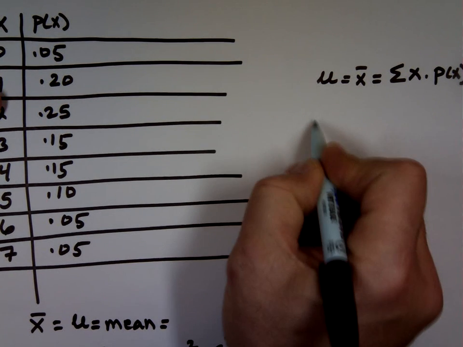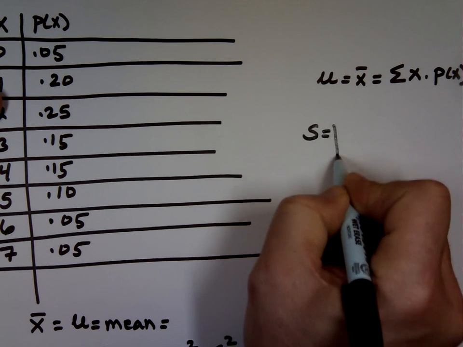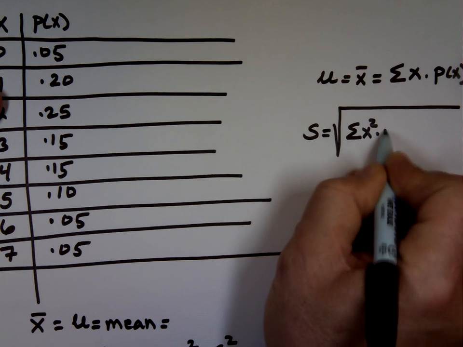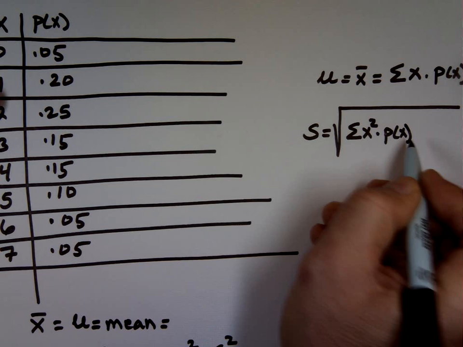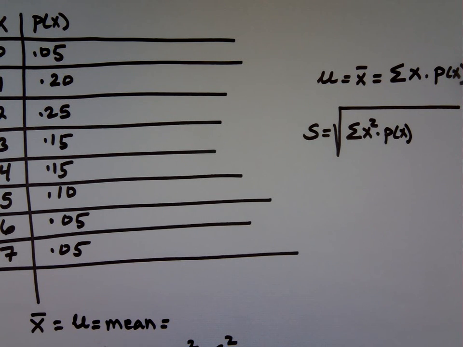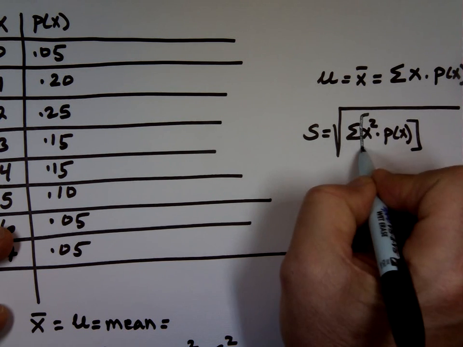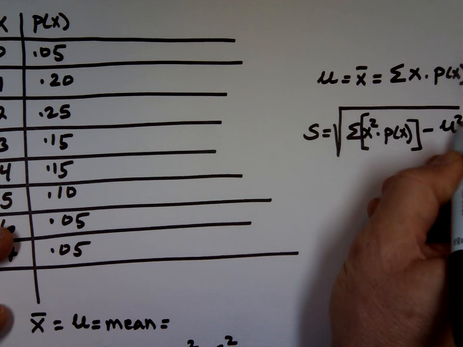The standard deviation is the square root of the summation of x squared times P of x, you add them, minus mu squared.